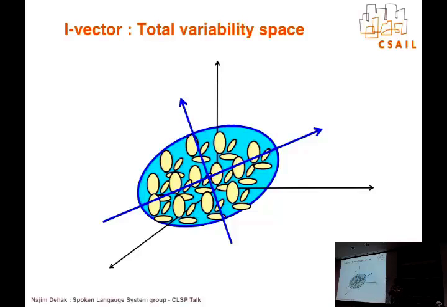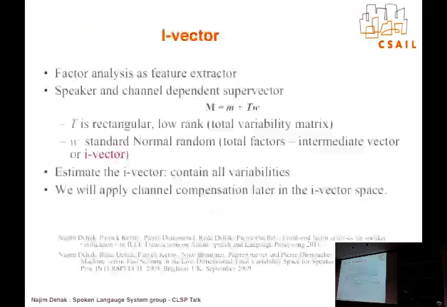So now when you have a new recording, it's actually easy, and the origin of the space is the universal background model, it's the prior. Each recording's GMM mean is actually the universal background model plus an offset, which is the i-vector subspace times w, and w is the i-vector, the one that describes the movement, what happened in this recording.